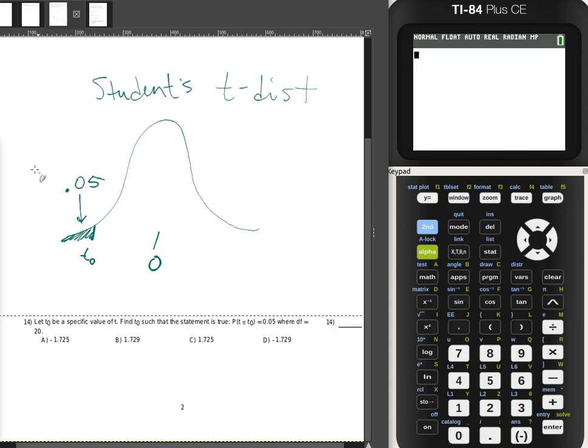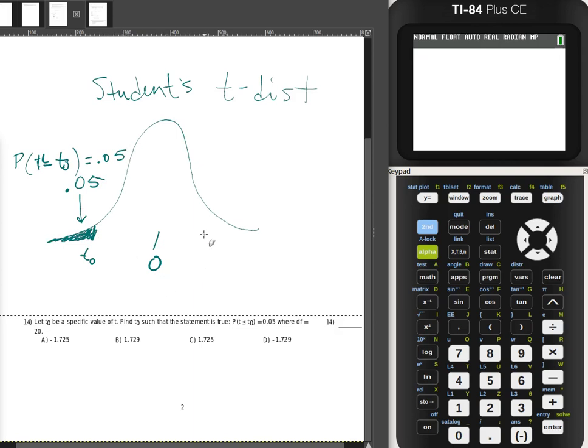That's what it means. The probability that t is less than or equal to t0 is 0.05. It means that the area in the left tail to the left of t0 is 0.05.